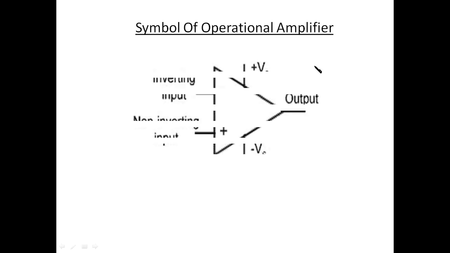Symbol of operational amplifier. Here is the symbol of the operational amplifier. This arrowhead signifies the flow of current from input to output. Here are the labels: inverting input, non-inverting input, plus VCC, minus VCC and the output.